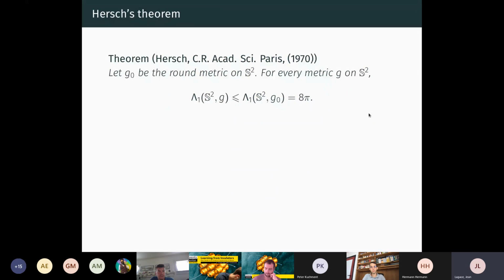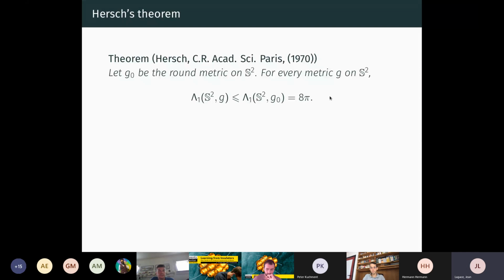A first example of a quite important theorem in this business is Hersch's theorem from the 70s, which tells us that this capital lambda 1 on the sphere is maximized by the round metric, where we will have capital lambda 1 equal to 8 pi. And so here we see that the optimal object has a lot of symmetries, as many symmetries as possible for a metric on the sphere.